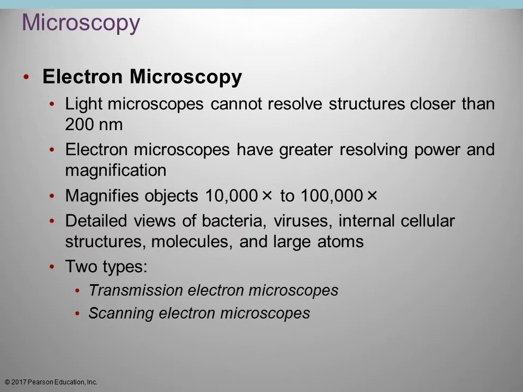You can get a lot more detailed. You can see smaller specimens such as viruses, some of the internal cellular structures, molecules, large atoms you might be able to see. Now there are two types of electron microscopes. There's a transmission electron microscope and then a scanning electron microscope.